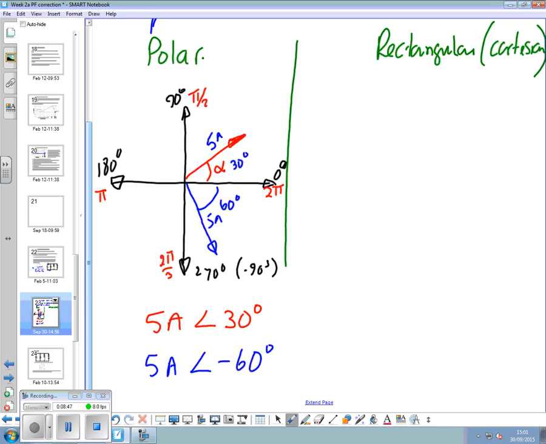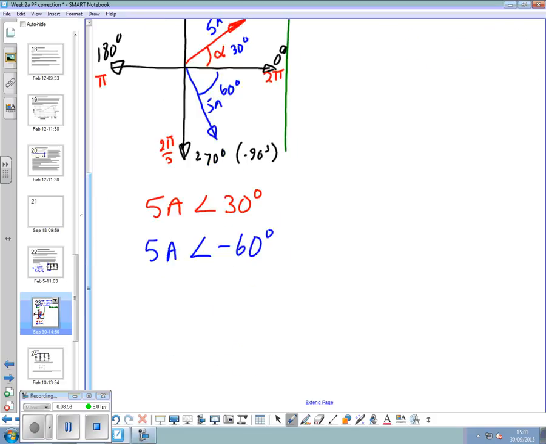Okay with that? And when we talk about these numbers, magnitude and phase angle. Mathematicians have got some other names for them, but we won't worry about that.